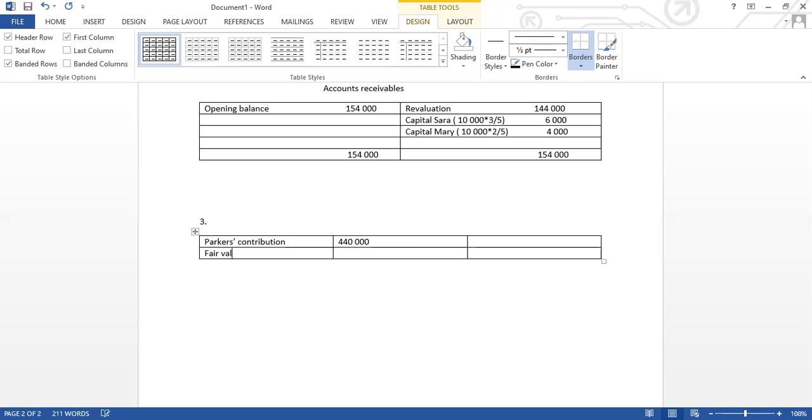Is this the fair value of the assets before or after Parker joined? It's after he joined. Okay, so it's fair value.